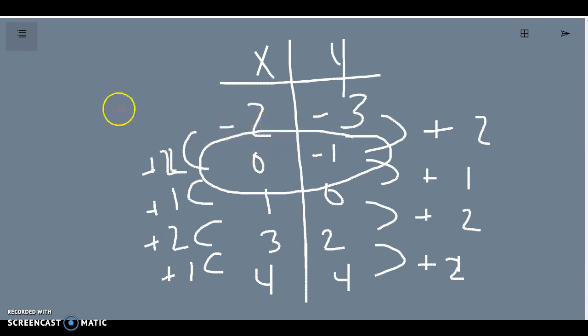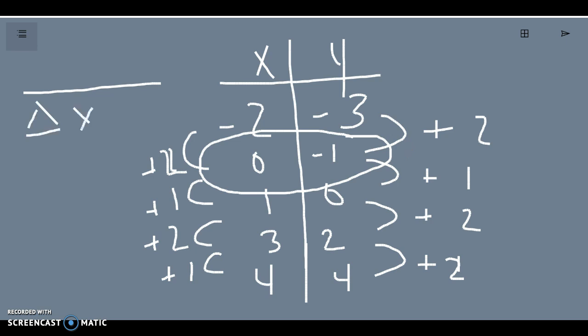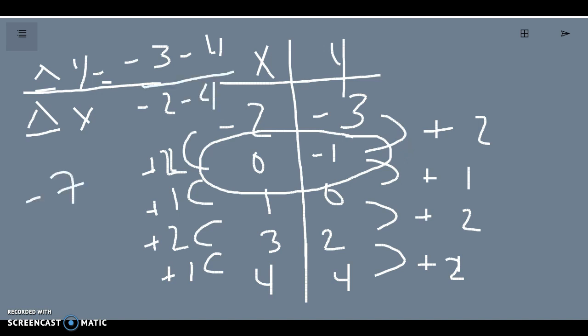So if I take from -2 to 4, my x goes first, so it's the change in y over the change in x. I am going to do -3 minus 4 over -2 minus 4, and I get -7 over -6.